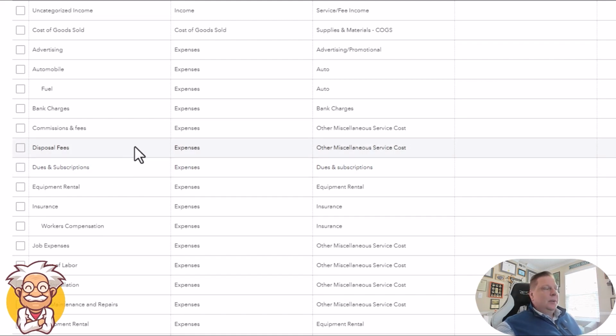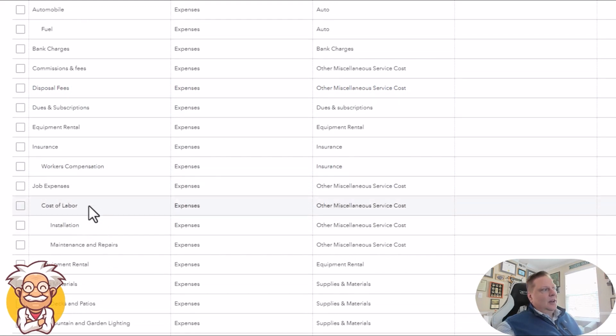Again, as long as you keep it under the 250 accounts, then you can set up as many expense accounts as you want. Again, down here, you can set up sub accounts. Say for instance, you had job expenses and you wanted to set up certain ones underneath it.